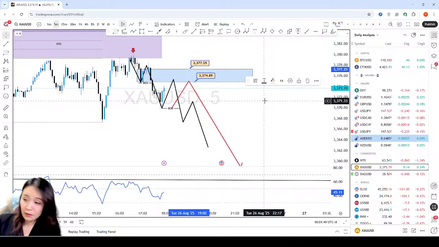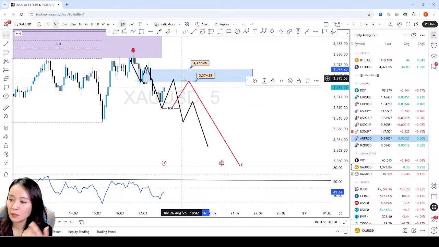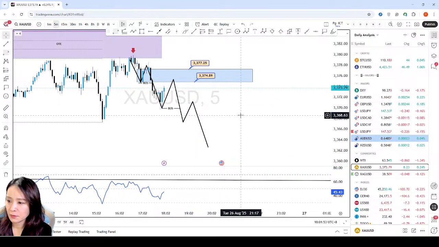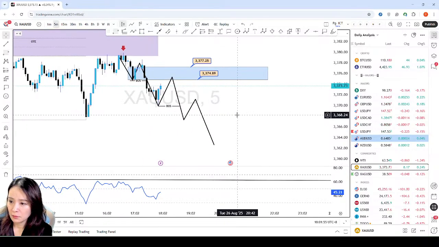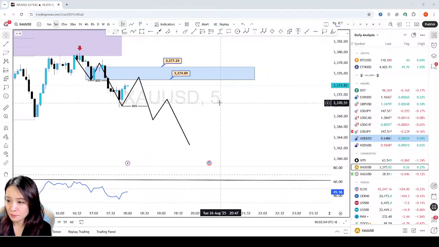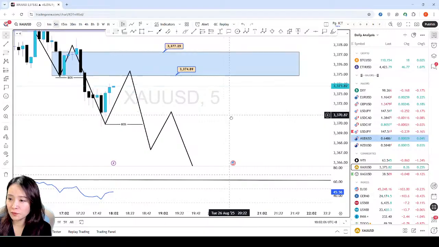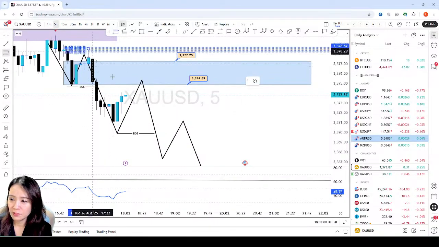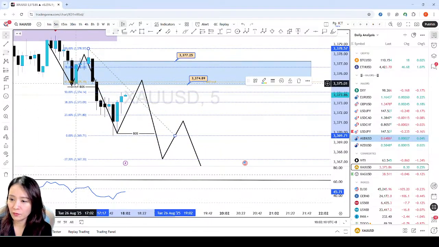Does anyone of you agree with me? Anyone? Does anyone agree that price might fall from here? If I use Fibonacci from this swing high to this swing low, that will be between 61.8% and 78.6%.